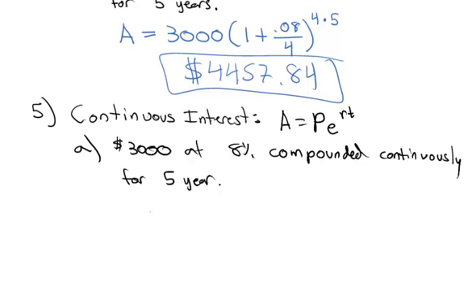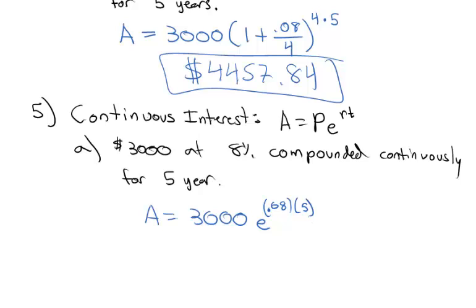So we have A equals P, the principal of $3,000, times e, that's Euler's constant e, 2.718, to the r, which is 0.08, times t, which is 5 years.